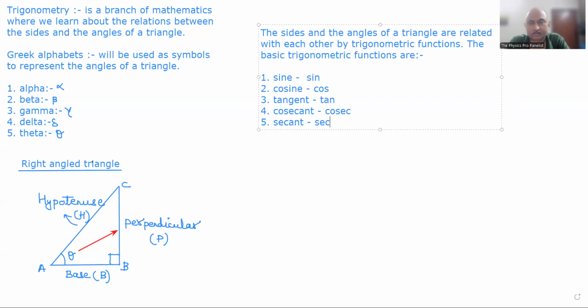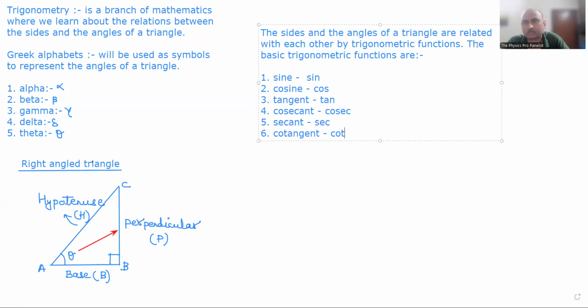This is sec. And sixth one is cotangent. This is cot. Right? So sine, cos, tan, cosec, sec, and cot. These are the 6 basic functions of trigonometry.